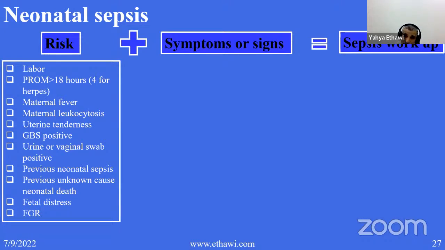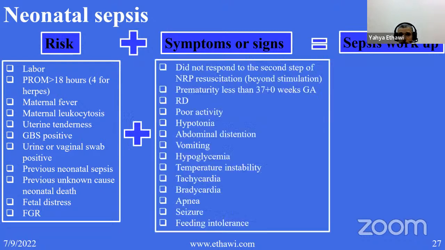Mother is GBS positive, untreated. Urine or vaginal swab is positive. Previous neonatal sepsis. Previous unknown cause of neonatal death. Fetal distress. Fetal growth restriction. So these risks alone don't need antibiotics. They just need observation. And then you have symptoms.